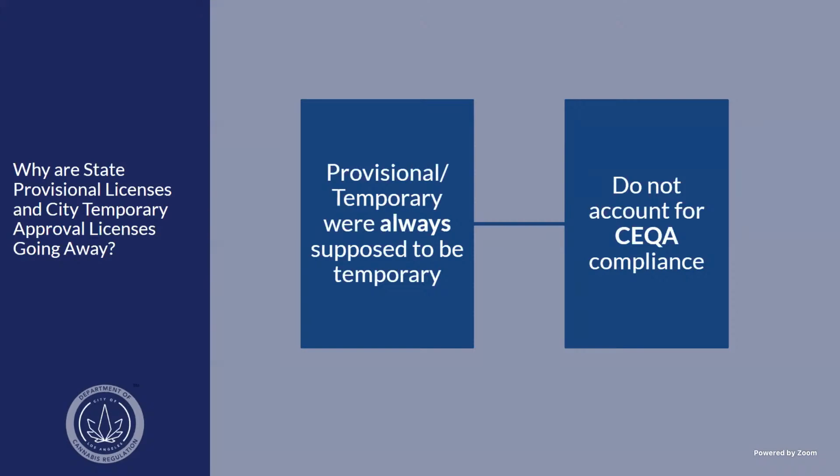The state is phasing out provisional licenses, which is going to necessitate the city phasing out its temporary approval process, because in order to qualify for a state annual license, businesses will need to get a local annual license and have DCR and the city council as the local agencies adopt the necessary environmental review documents.